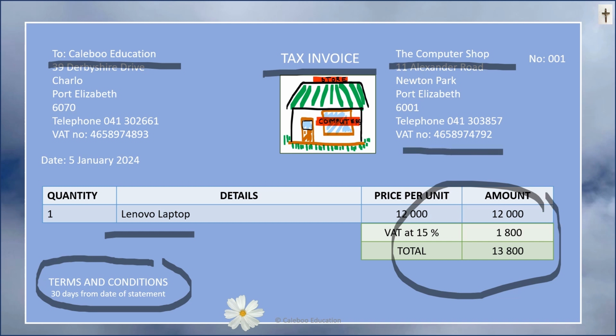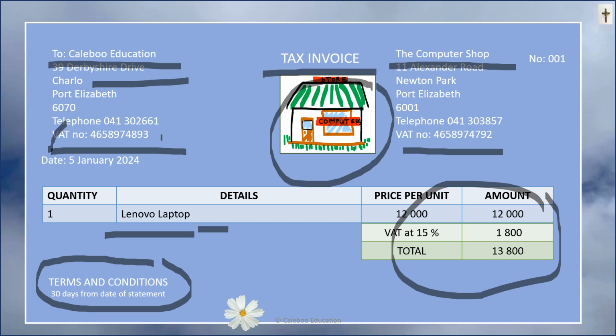There is the VAT registration number of the computer shop. So we, Calibu Education, can claim input VAT from SARS because we're dealing with a VAT vendor, the computer shop, and we're a VAT vendor ourselves. So this is an example of an invoice, the document that records a credit purchase. Calibu Education purchased a laptop from the computer store. So that's what's going on here.